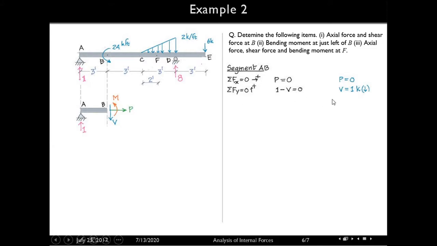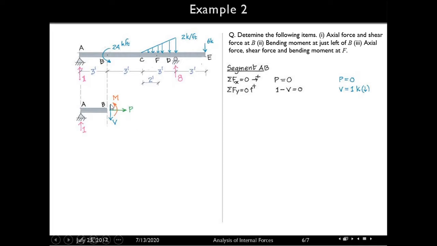So from here we can calculate the shear force also. V equals 1 kip, which will be acting downward. Actually you don't need to put the sign here, you can avoid the sign.